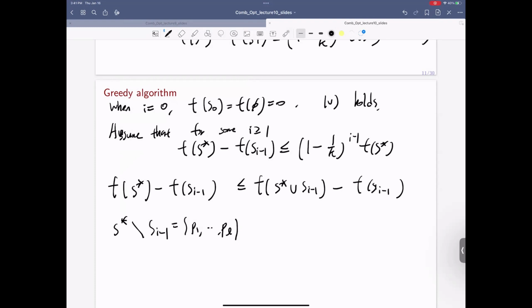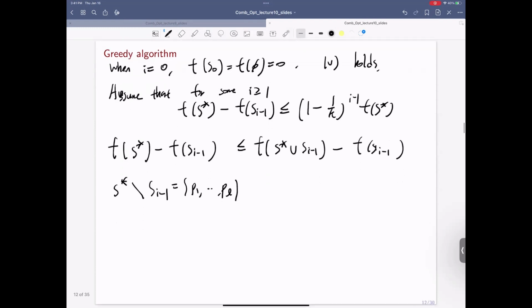And this is equal to f of S_{i-1} union these L elements minus f of S_{i-1}. So far, so good.